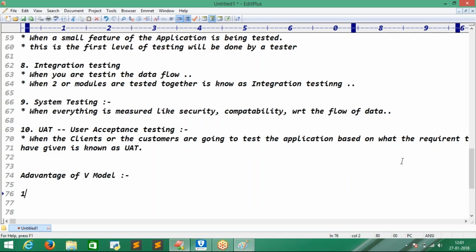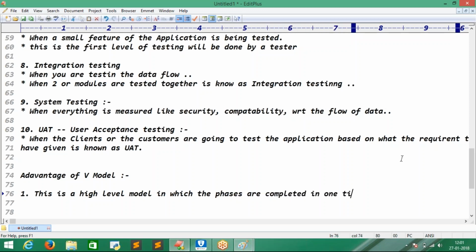This is known as a high level model, in which the phases are completed one at a time. Clear, guys? Next line.